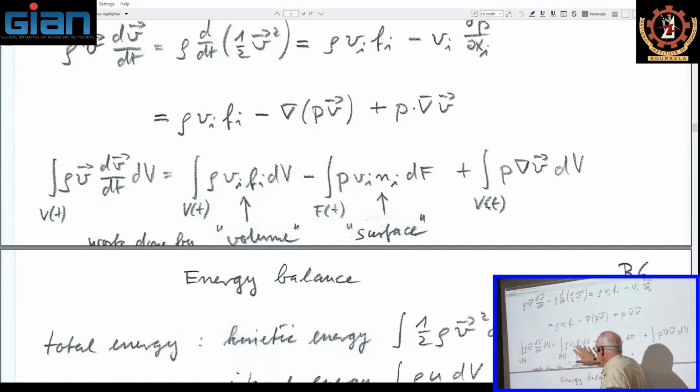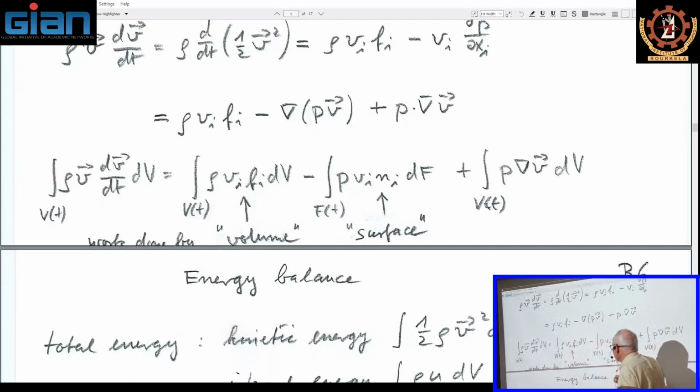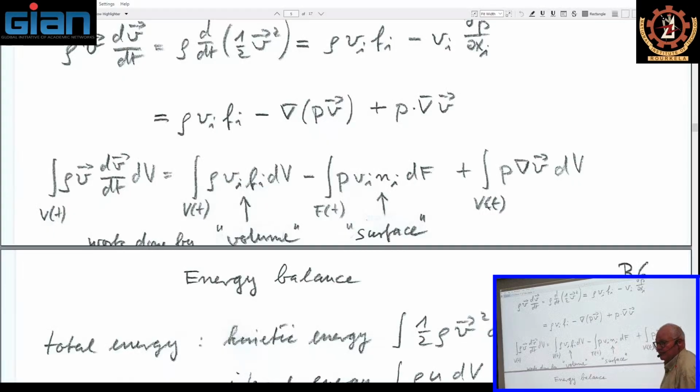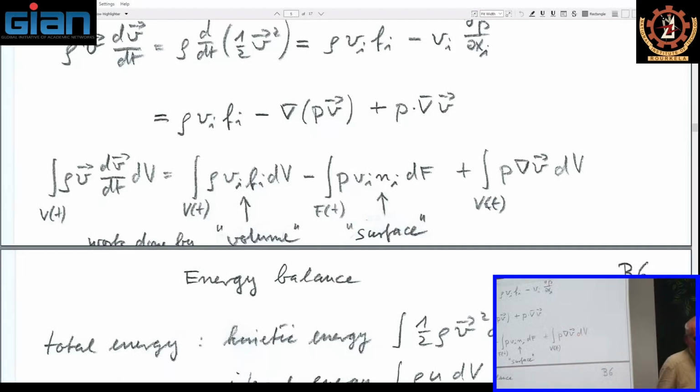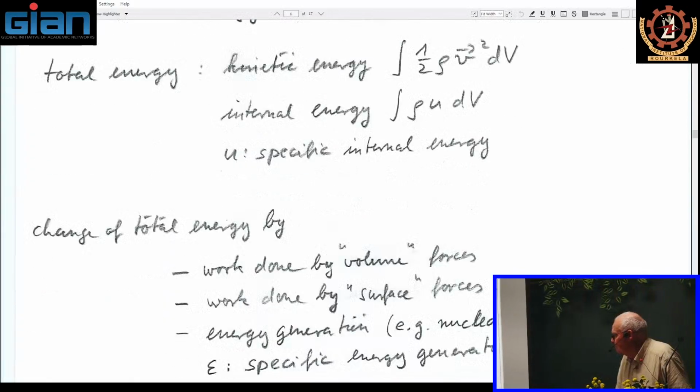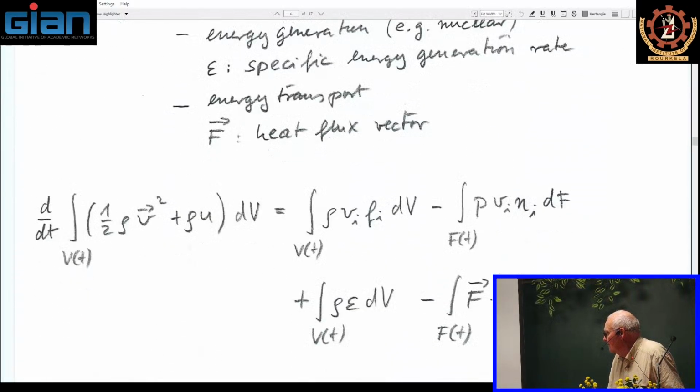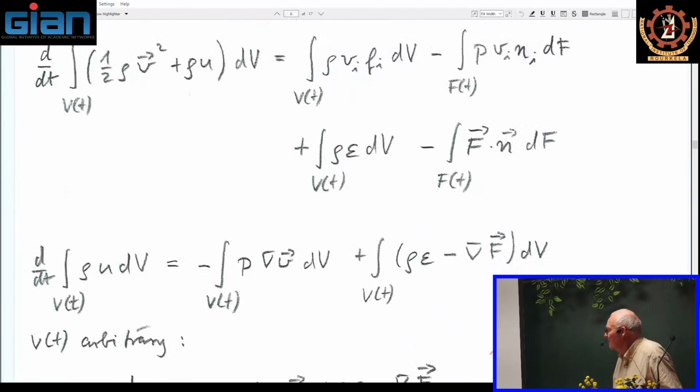It's given by the work of the volume forces and the surface forces, and one term left. So we replace in our energy balance this term by the expression on the right-hand side, and what we see is that these terms will cancel with the terms which we already wrote down. Okay, so what is left here?